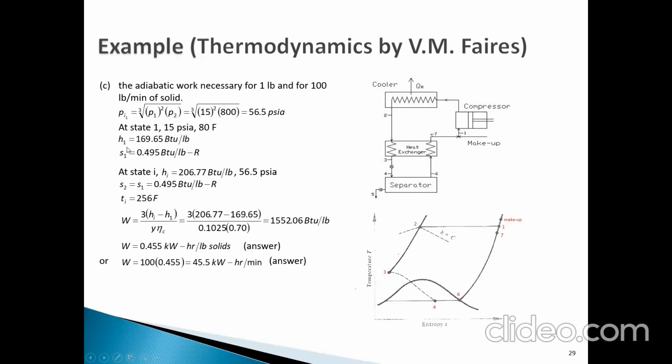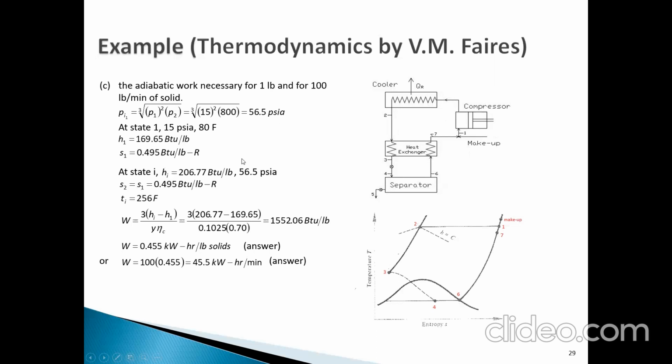So, H1 again, 169.65 BTU per pound. S1 is 0.495 BTU per pound Rankine. So, carbon dioxide. At state I, so HI is equal to 206.77 BTU per pound, 56.5 PSI. S2 is equal to S1.